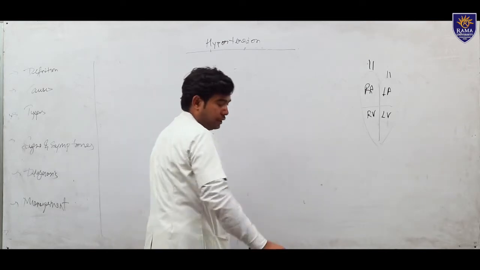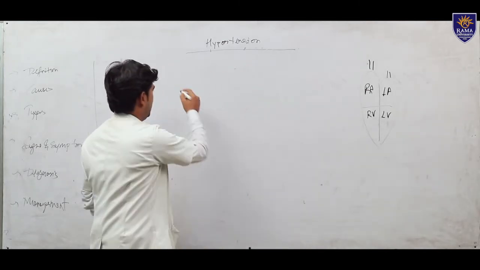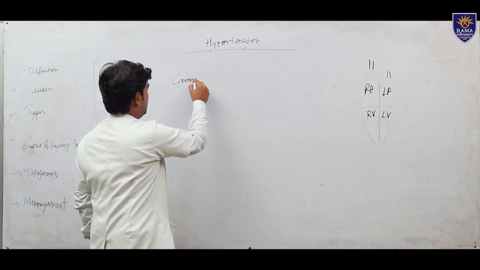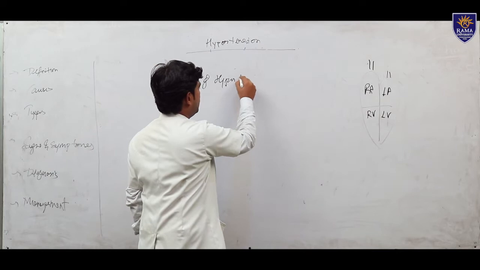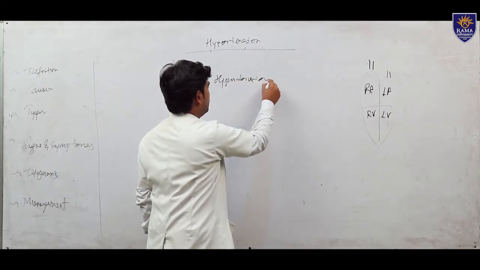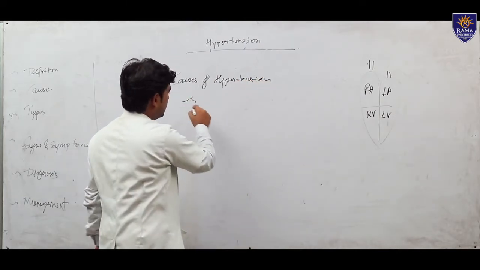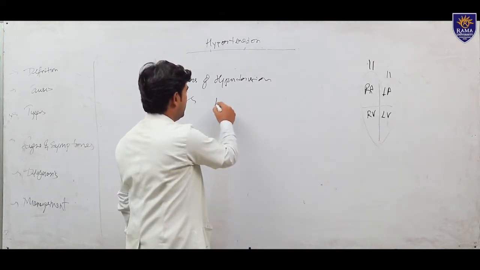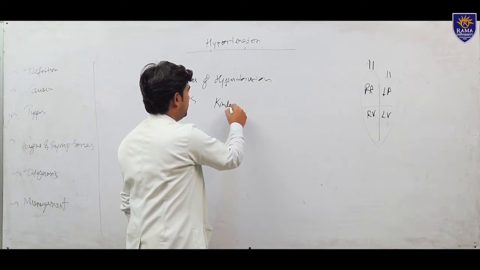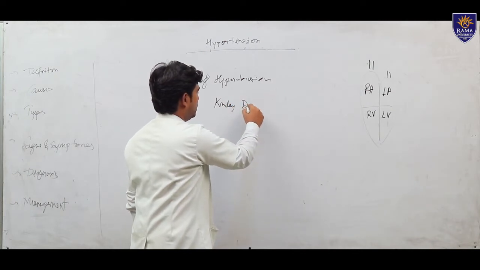Second, we will see the causes of hypertension. What are the causes? First, systemic causes like kidney disease.